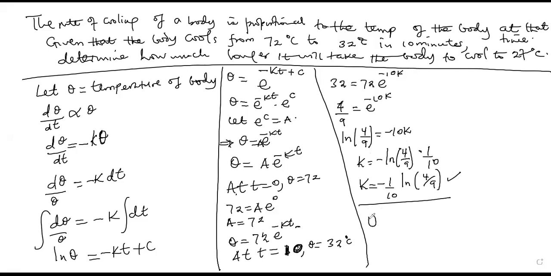So our theta will be equal to 72 e power negative k. But remember, k is negative already, so it will be power 1 over 10 ln 4 out of 9. That is what we have.